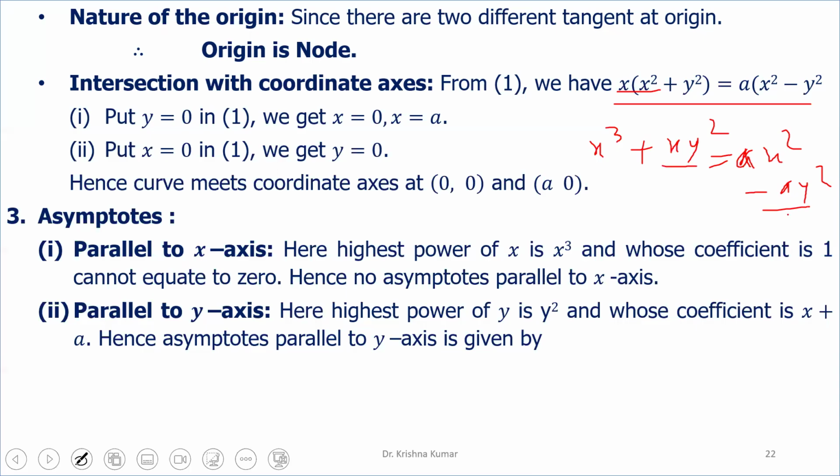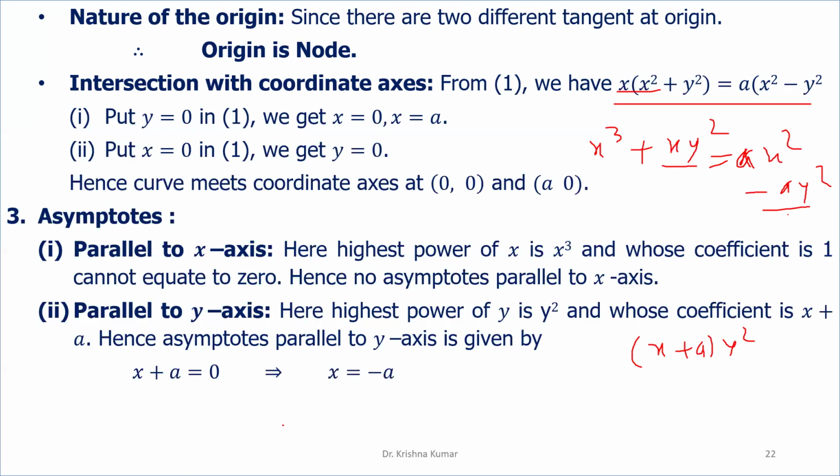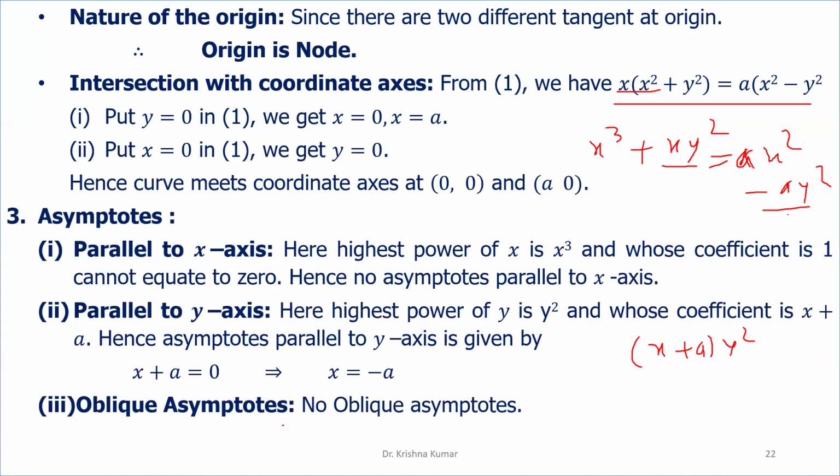The highest power is y square, so we are getting (x plus a) times y square. So we take the coefficient of y square equal to 0. So x plus a equal to 0 is the asymptote parallel to the y-axis. And since there is a parallel asymptote, there is no oblique asymptote of this curve.